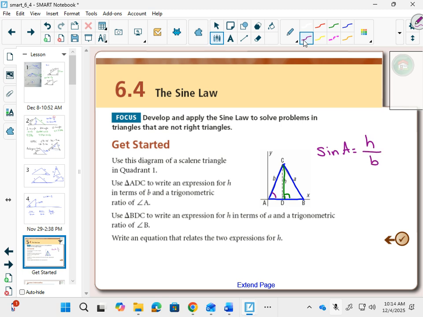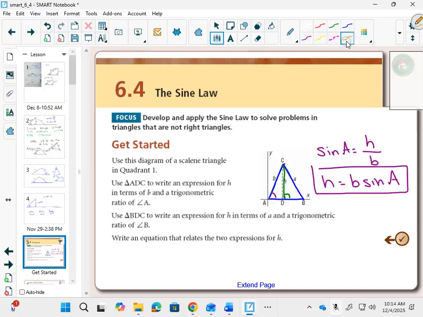Sine of A would be H over B. And if I wanted to, I could get the H by itself by multiplying both sides by B. This is step one.